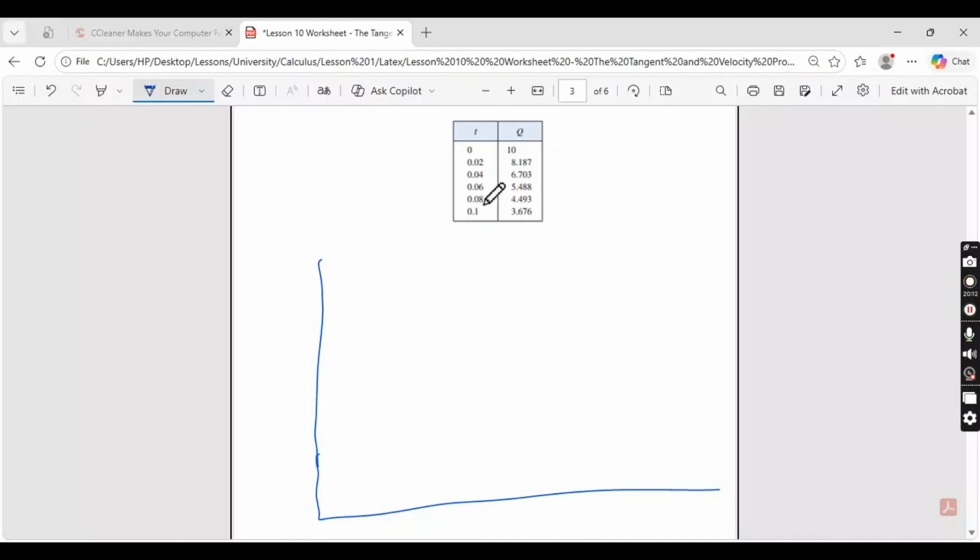Okay, so what scale should we use for the vertical?